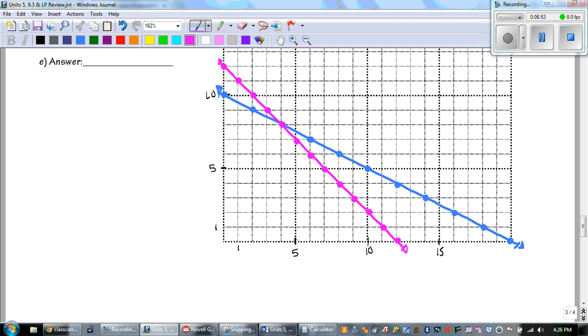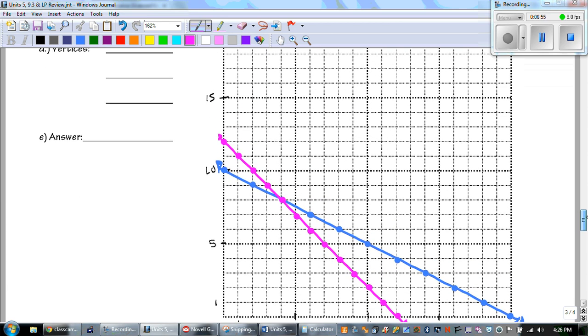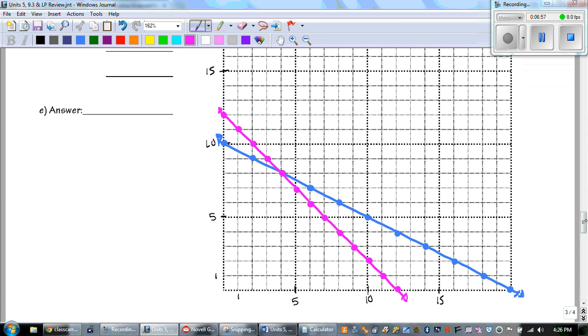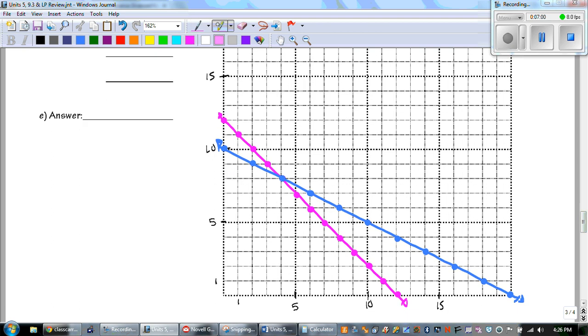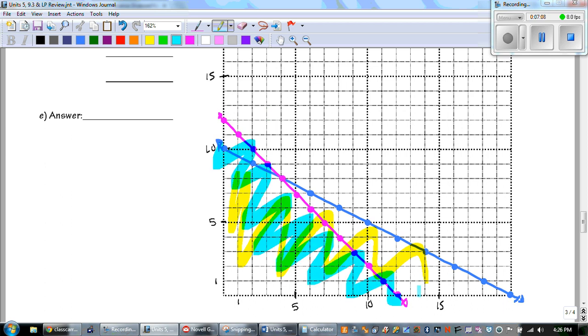Okay, so the last thing we have to do, well, not the last thing, but we do need to shade this. Now, if I'm below, I need to be below the blue line, and I need to be below my pink line.